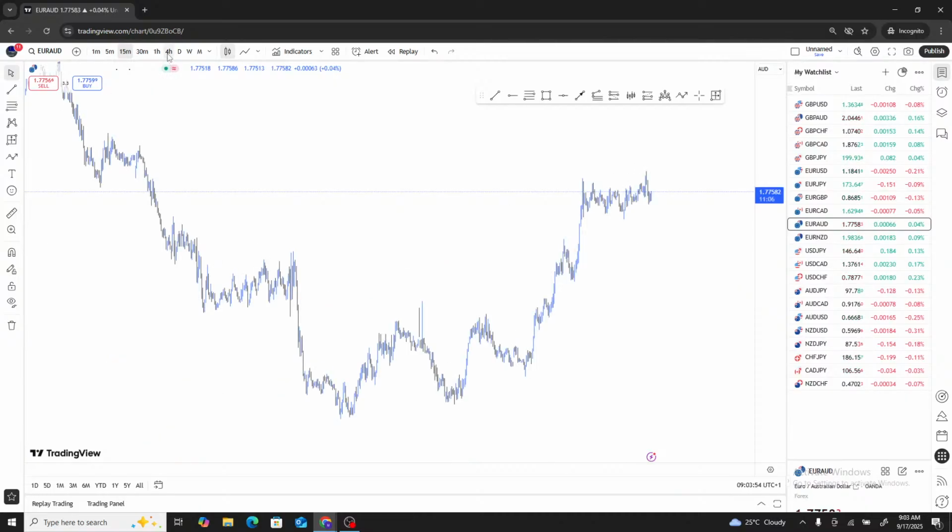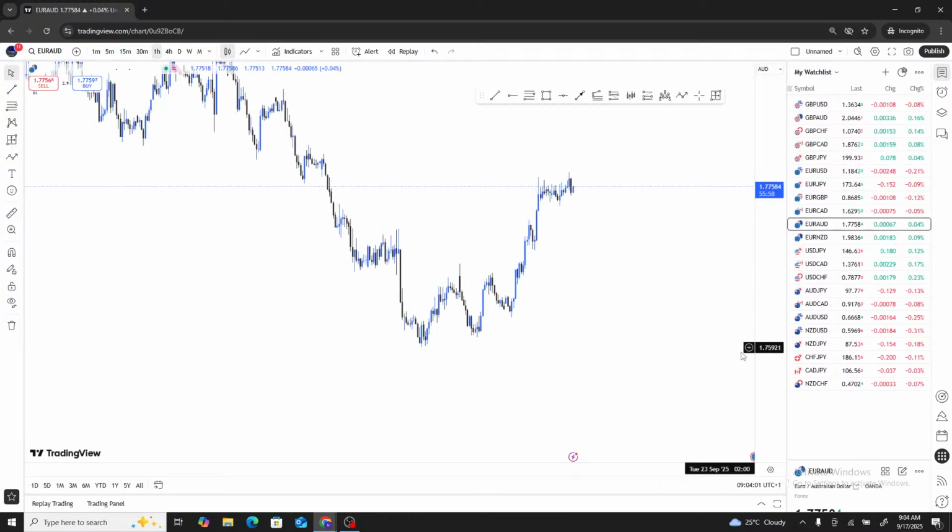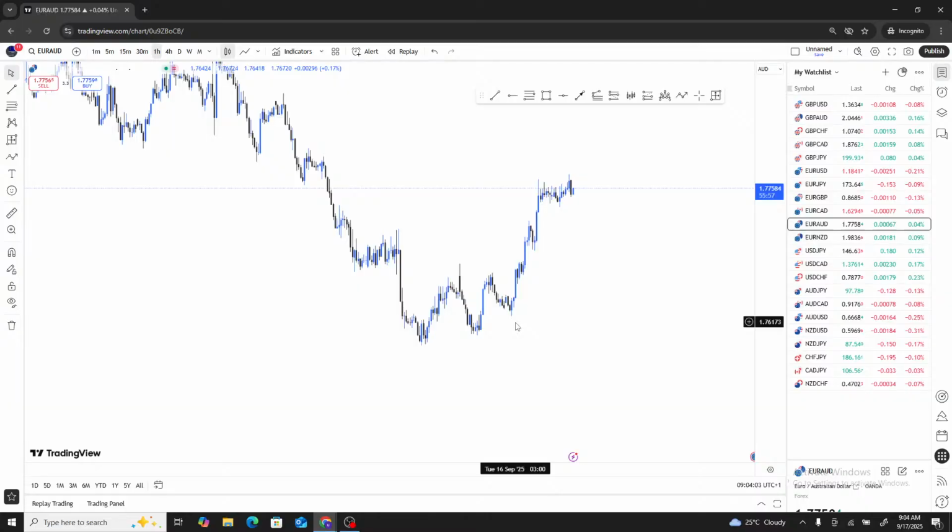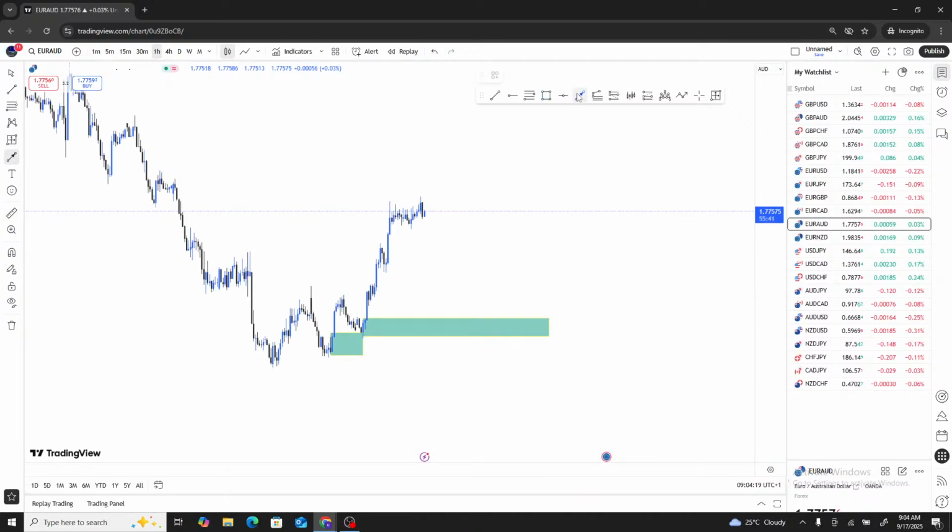If you go to maybe a 1 hour time frame, you can see this demand has been met. So the next demand is this place, demand zone, our order block. Look at our liquidity before the order block.